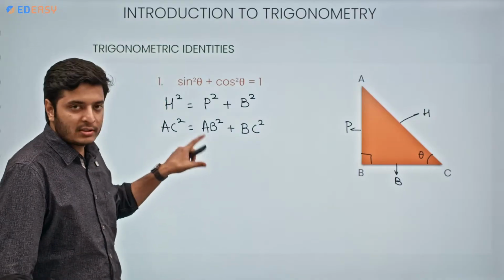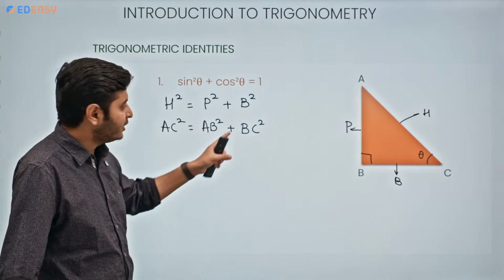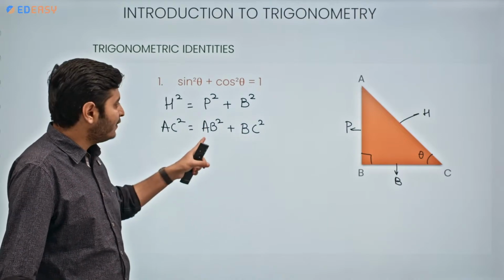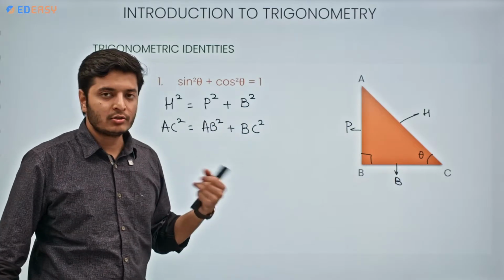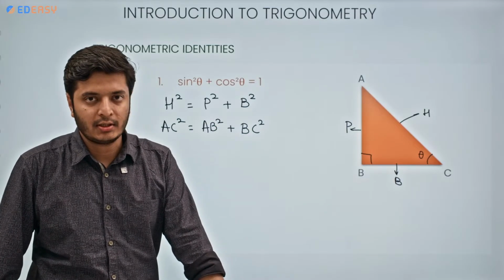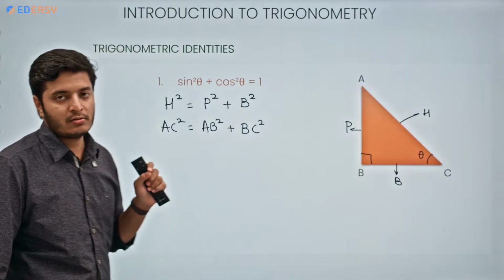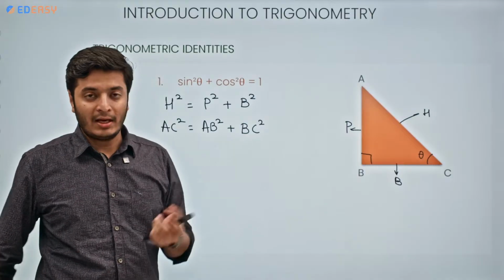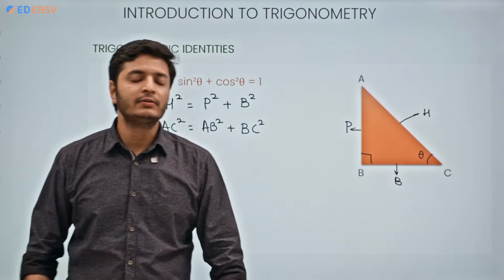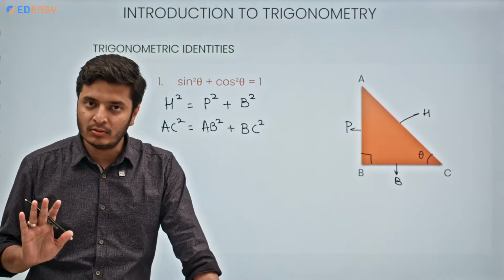So here, if somehow I am able to create perpendicular by hypotenuse and base by hypotenuse, then I will get sine theta and cos theta. And they are squared values, so it will become sine square theta, cos square theta, correct? Also, it will eliminate this AC square, because I need to divide these two by hypotenuse and I cannot change the overall value of the equation. So I need to divide both the sides with the same value, correct?